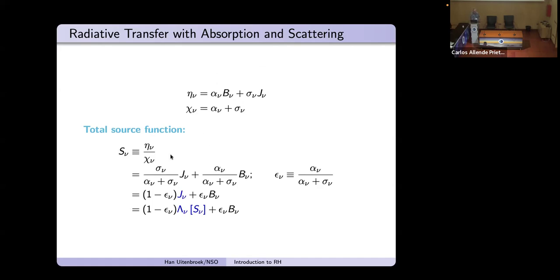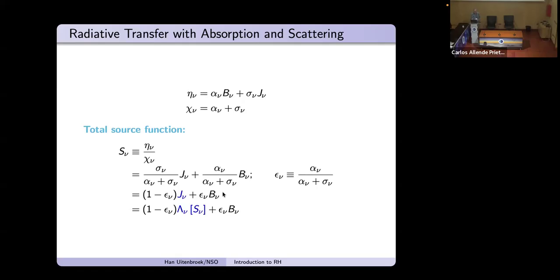Using those definitions, we can divide it out and define a quantity epsilon. In this way, we write the source function as 1 minus epsilon times the angle-averaged mean intensity J, plus epsilon B. For typical conditions in the chromosphere, this epsilon is small. It is of the order 10 to the minus 3, 10 to the minus 4.